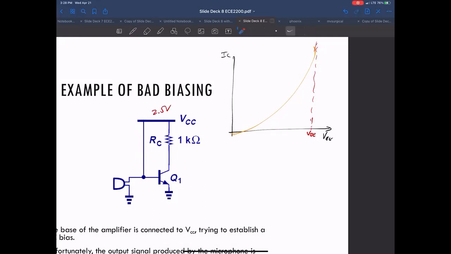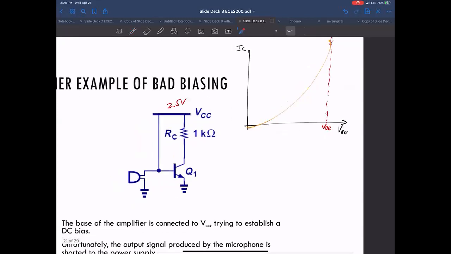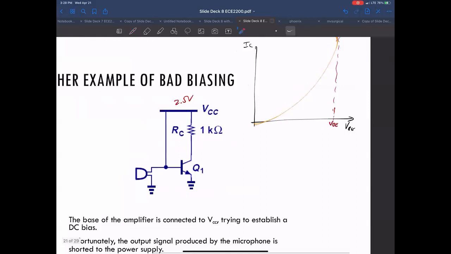Well, the problem here, though, is that you do have a high voltage here, and I think it's going to blow up the transistor. If you had 2.5 volt VBE, you can imagine how much current you might end up with going through this transistor. But even more importantly, you're shorting this point. You've got a dead short between the microphone and the input. If you remember, any kind of input, any kind of source is going to have a source resistance of some amount.